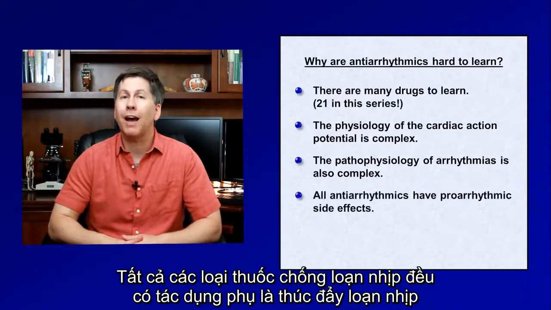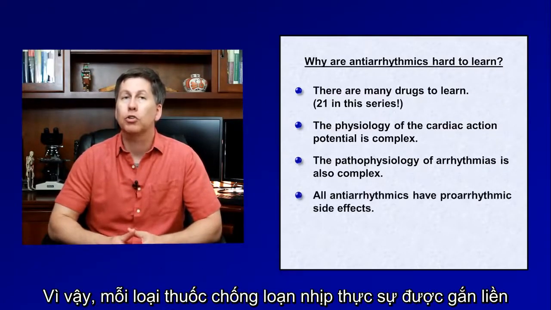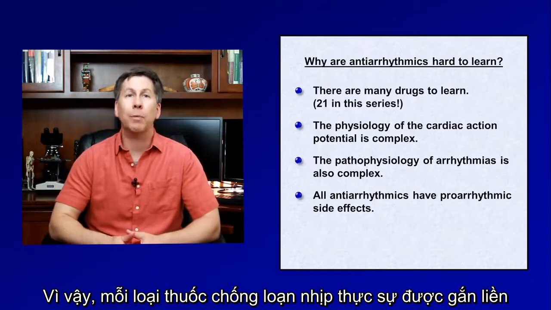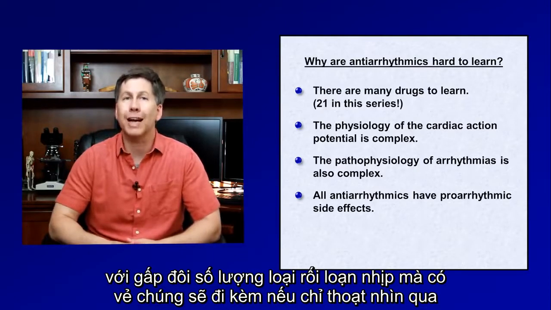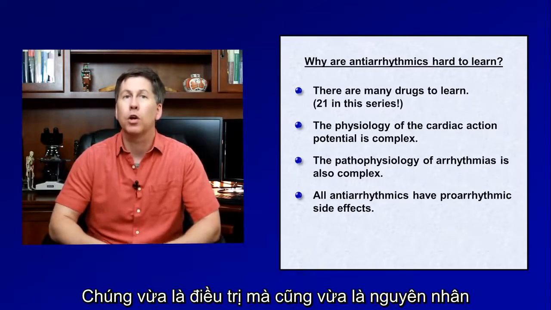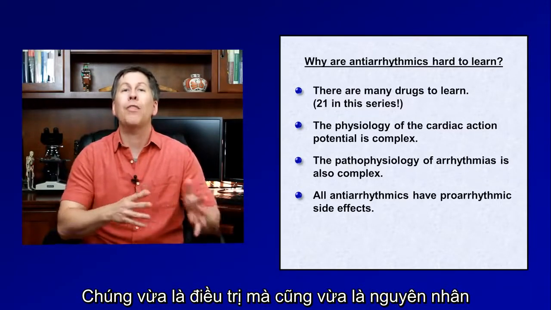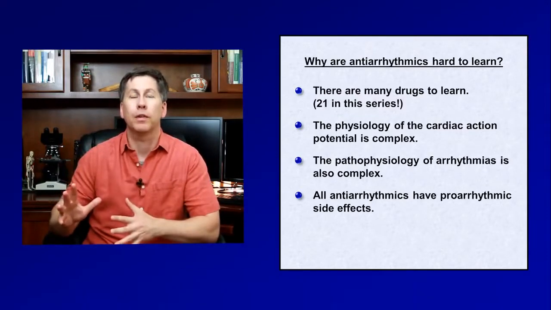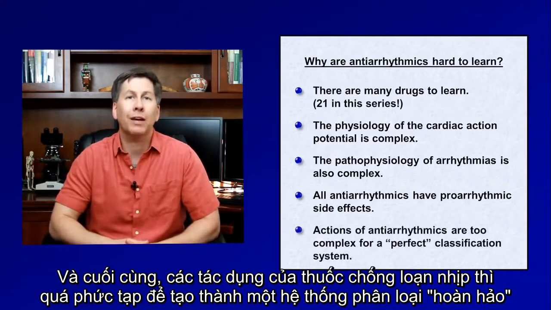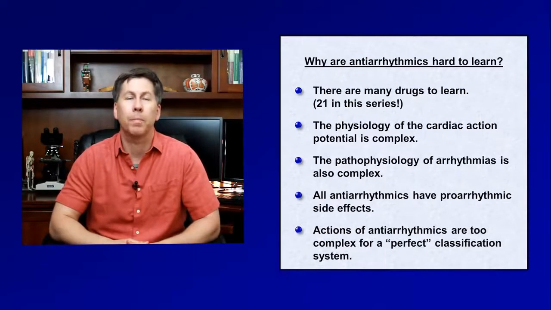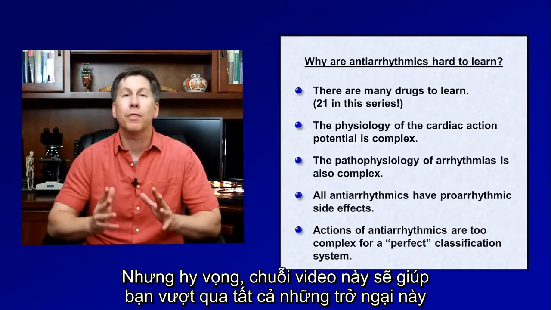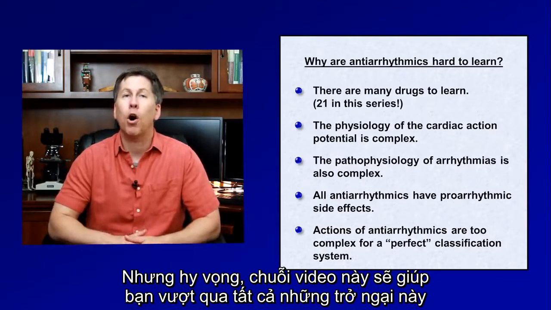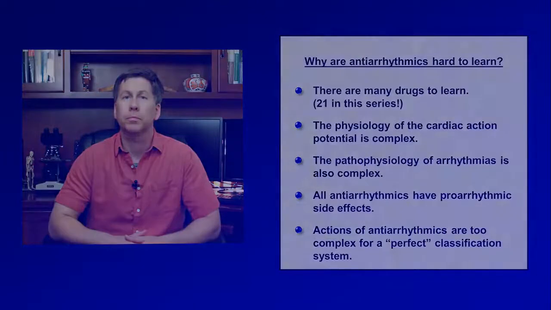All antiarrhythmics have proarrhythmic side effects, so each antiarrhythmic is actually matched with twice as many arrhythmias as they seem to be at first glance, those that they treat and those that they cause. And last, the actions of antiarrhythmics are too complex for a perfect classification system. But hopefully, this series will help you to overcome all of these obstacles.